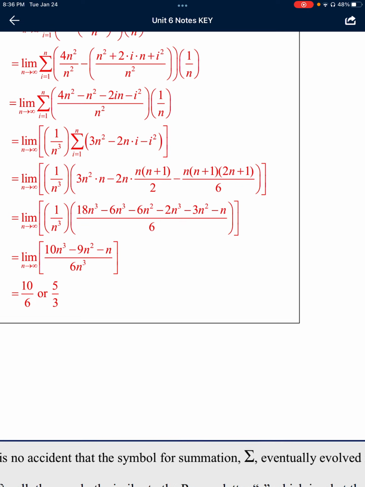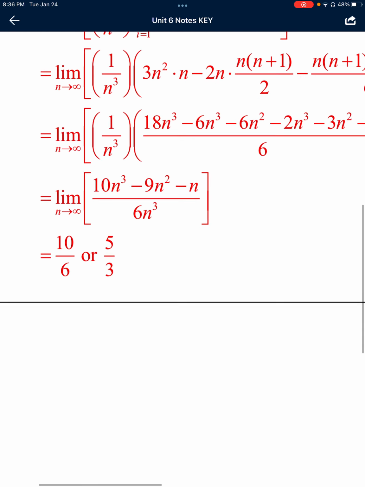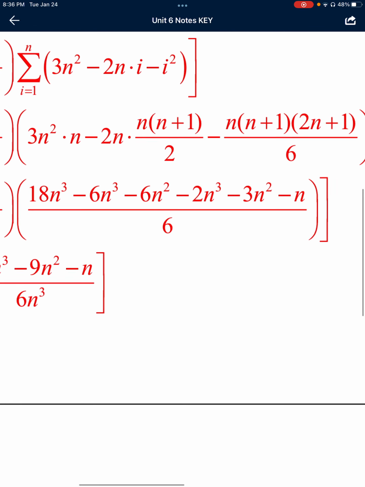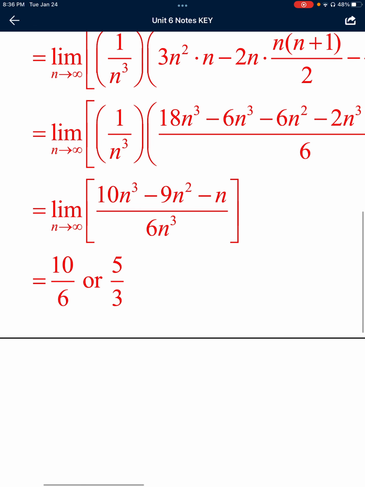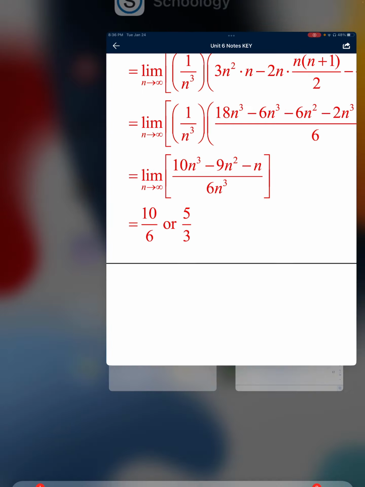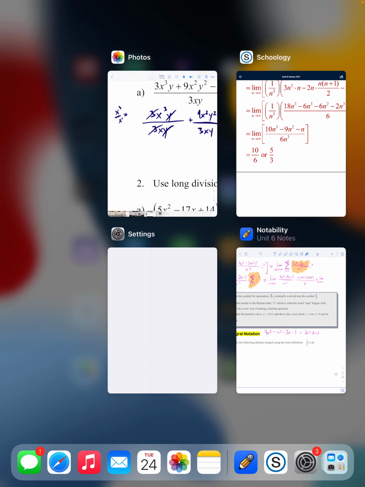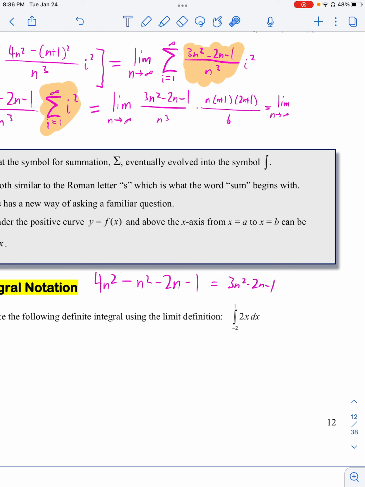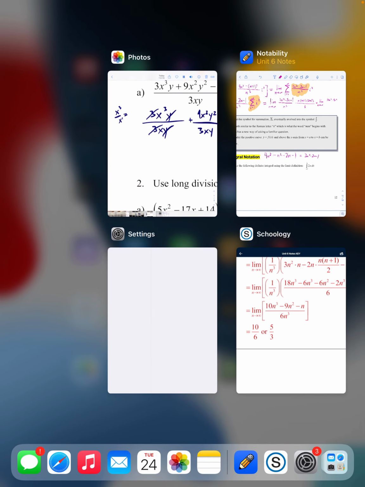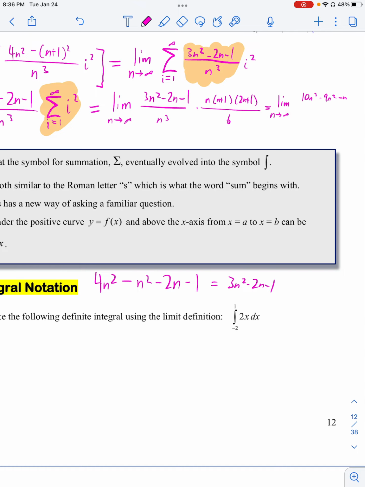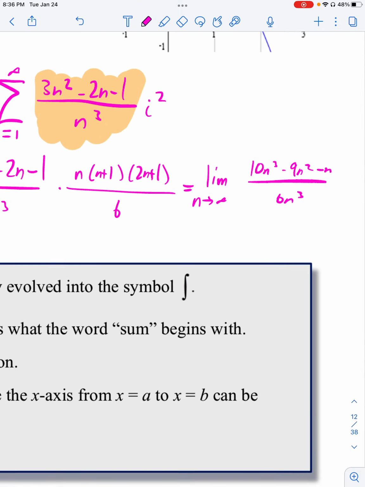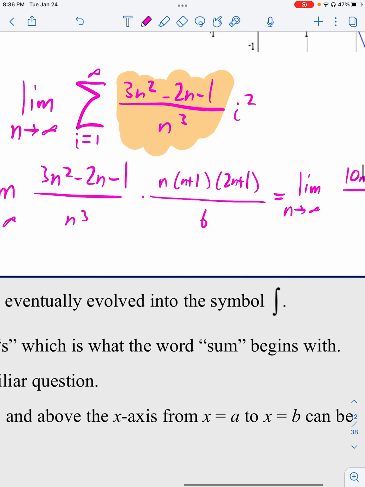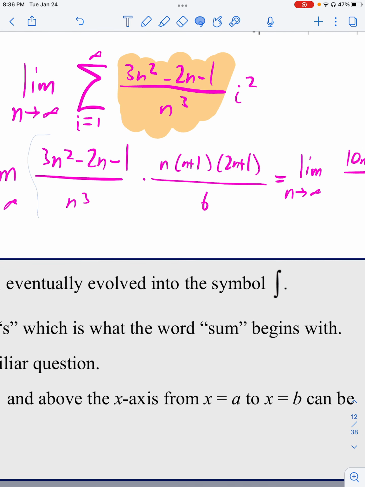All right, guys, magic. All this simplifies to (10n cubed minus 9n squared minus n) all over 6n cubed. So all this algebra simplifies to this.